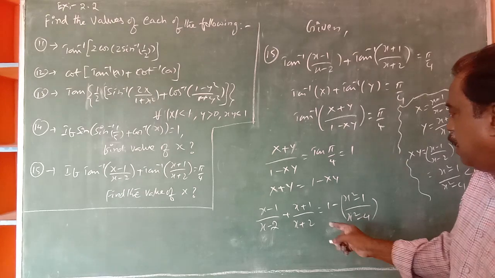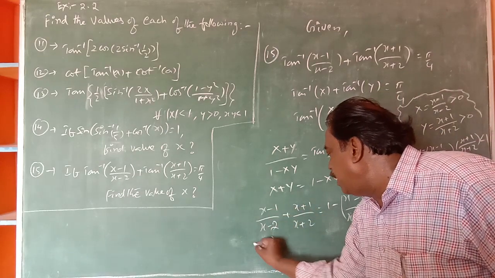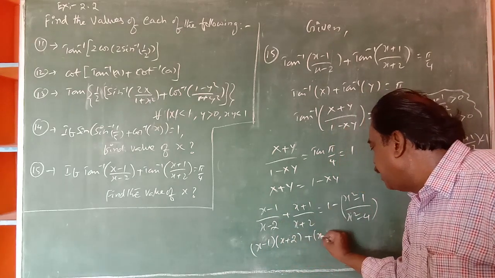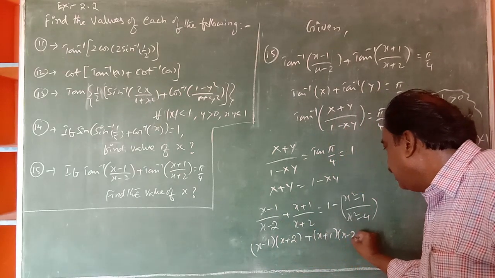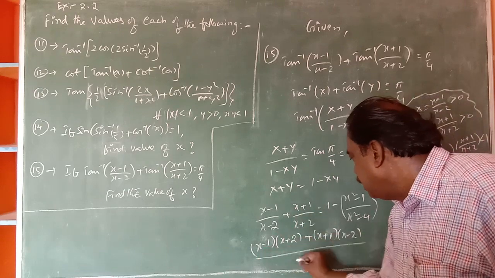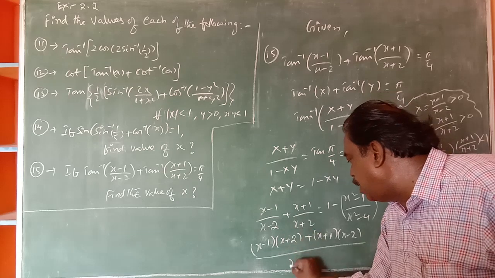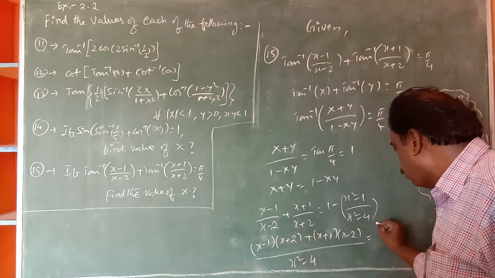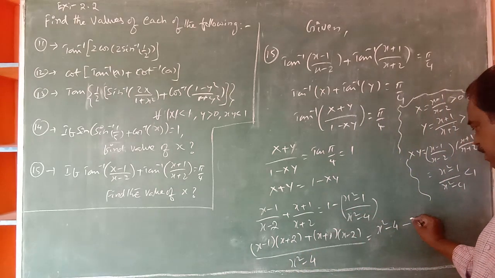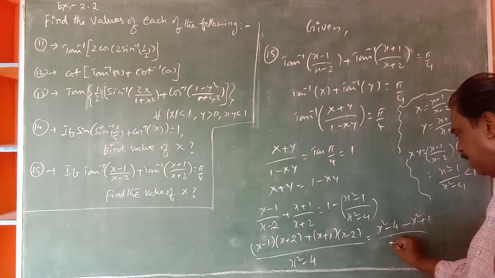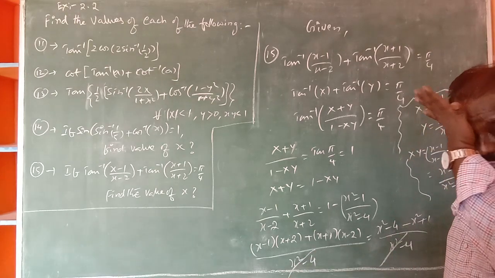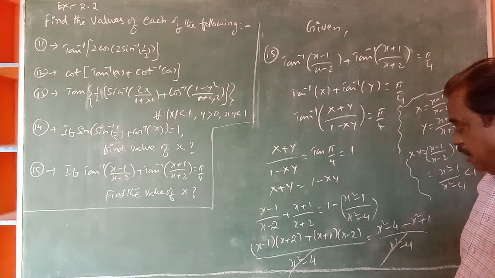On the left side, the LCM is (x minus 2)(x plus 2), which is x square minus 4, here also. Making the LCM on the right, it becomes (minus x square plus 1)/(x square minus 4). On both sides the denominators cancel. Try to get it.